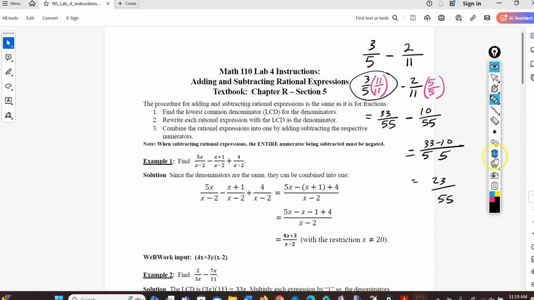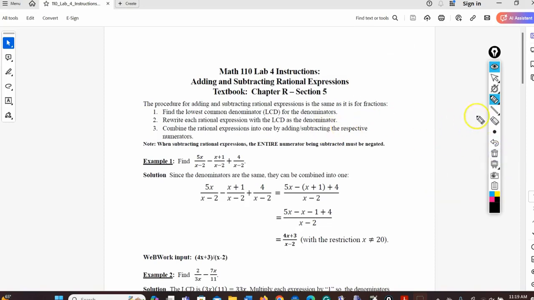That is what everybody should have met in school, before university, before college. Now, if we're going to do the same thing with rational expressions, it is the same type of reasoning, except we're working with algebraic expressions and not numbers anymore.